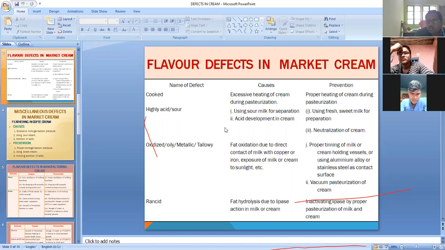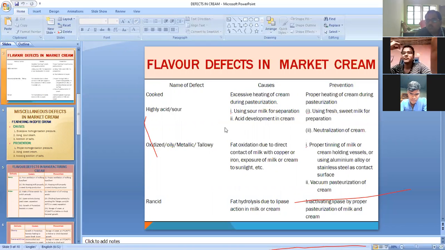So how can we control this? One method of control is that the cream must be processed by the standard recommended method of pasteurization.